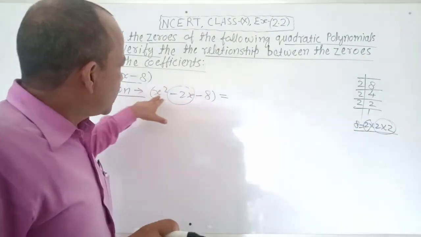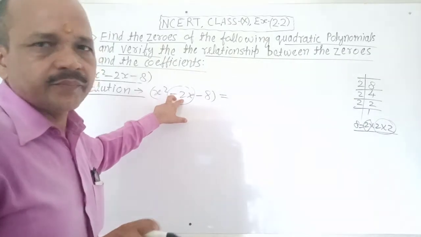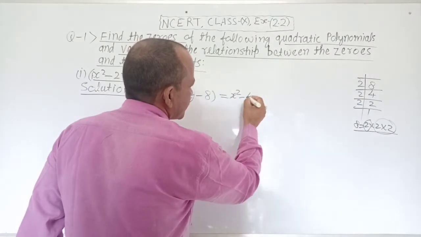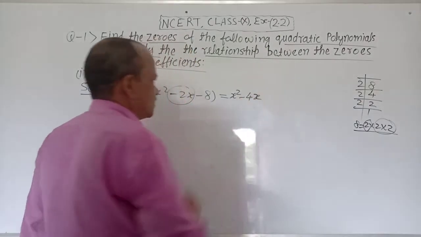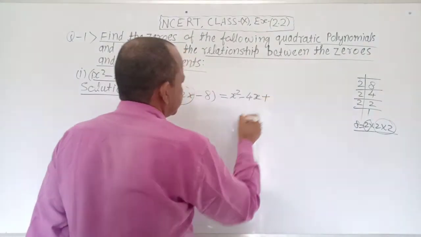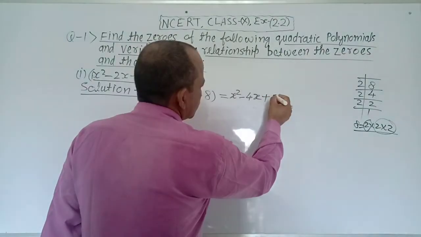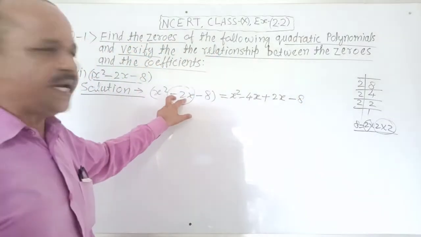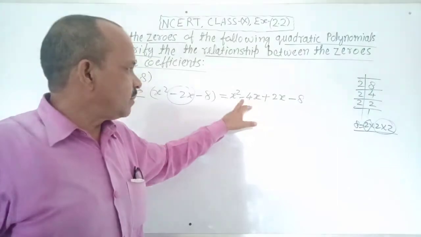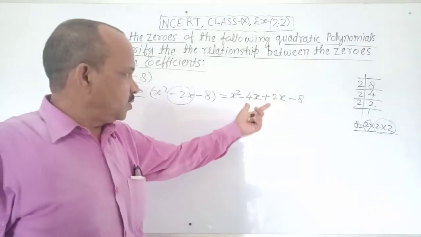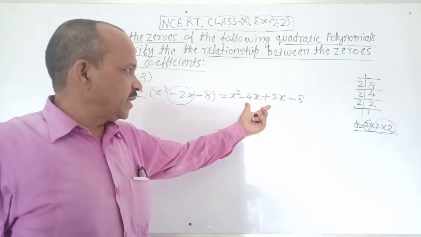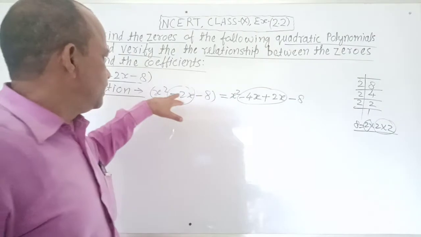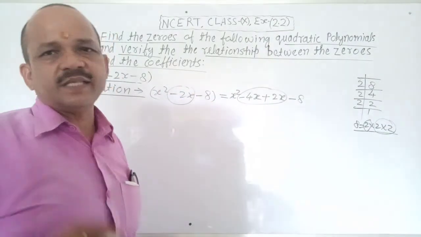So you can write here x square minus 4x plus 2x minus 8. You split minus 2x and you write minus 4x plus 2x. If you solve minus 4x plus 2x, you find minus 2x. It means your process is correct.